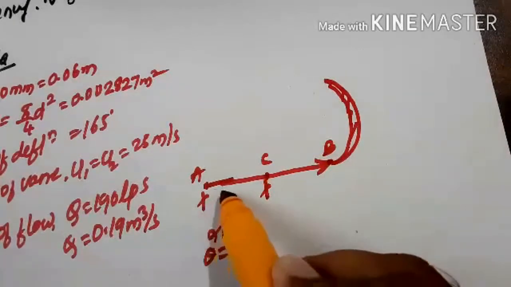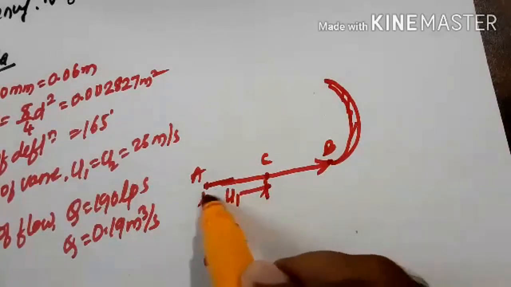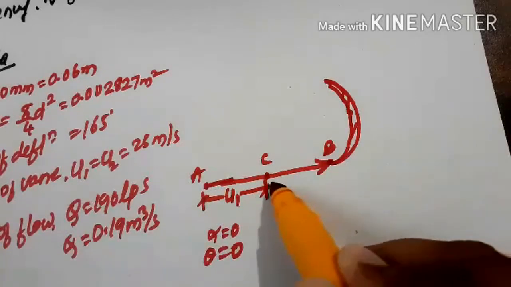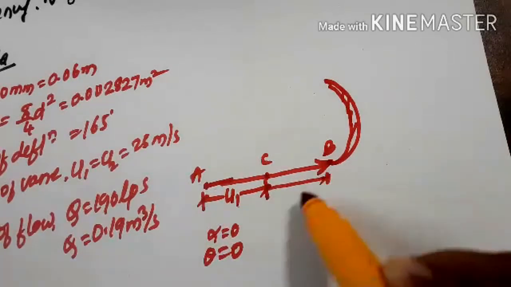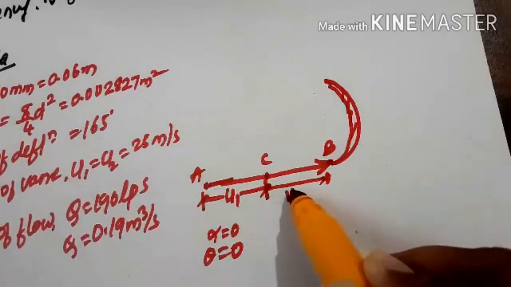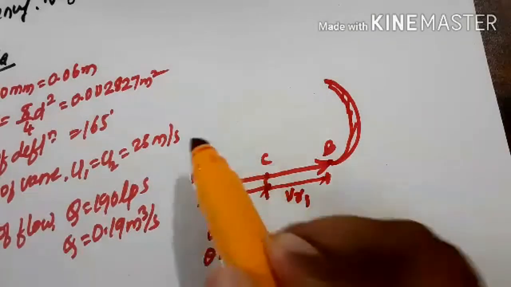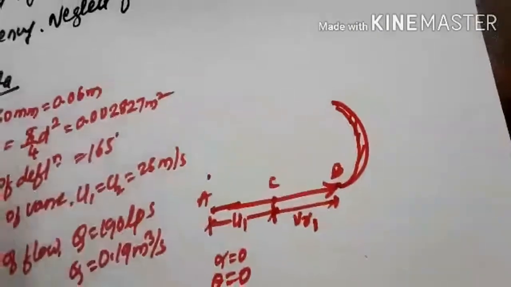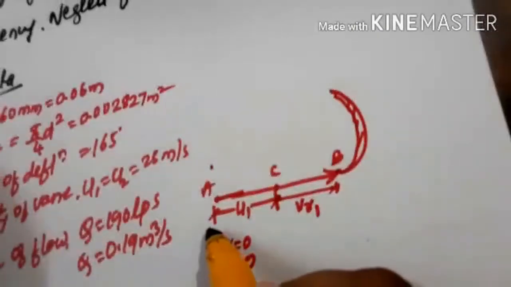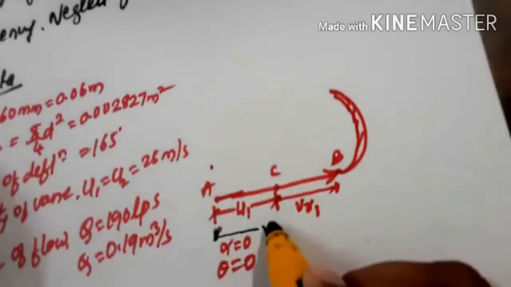So AC represents U1, the velocity of vane. Then this will be VR1. Then from here to here will be V1.